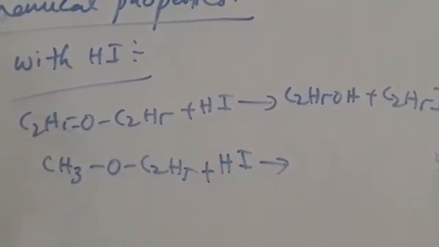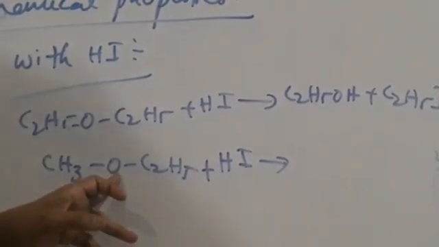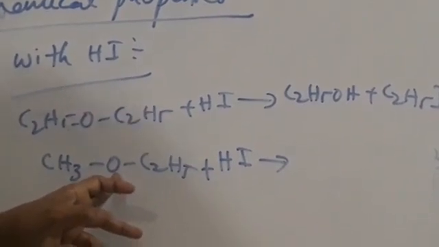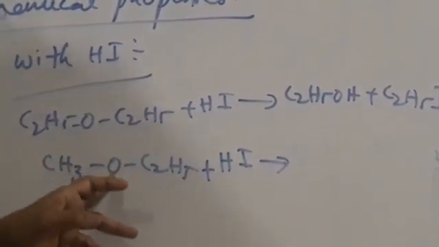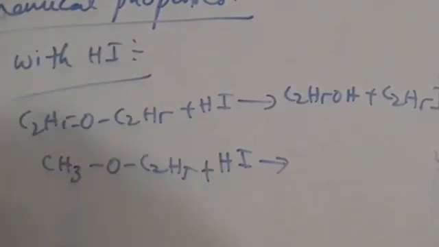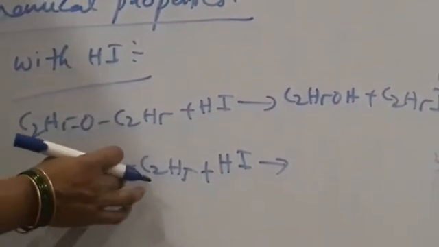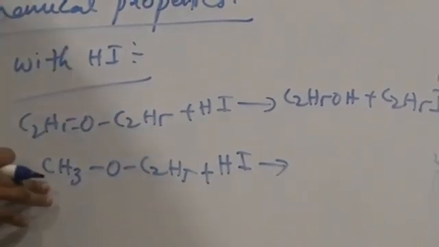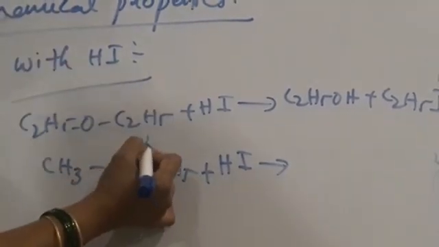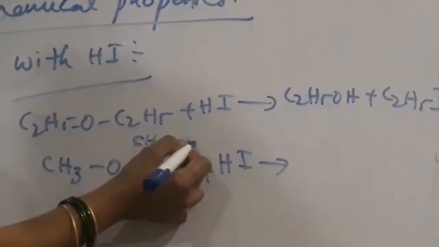Okay. So here oxygen is the ethereal functional group. This is called ethereal oxygen and this is the functional group. Oxygen links with 2 carbon atoms here. This is methyl and ethyl group. Ethyl means we can write CH2CH3.